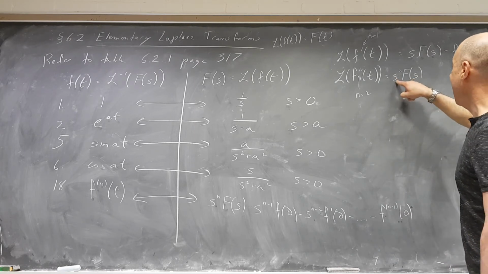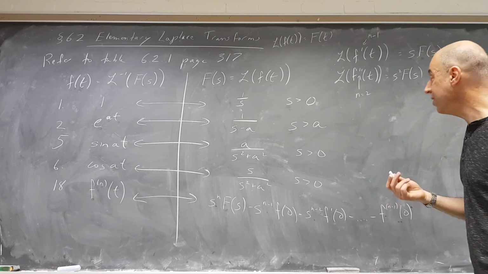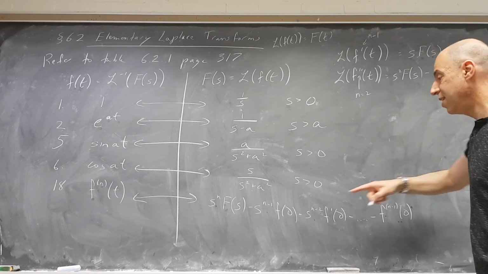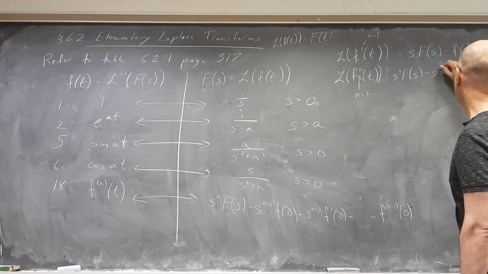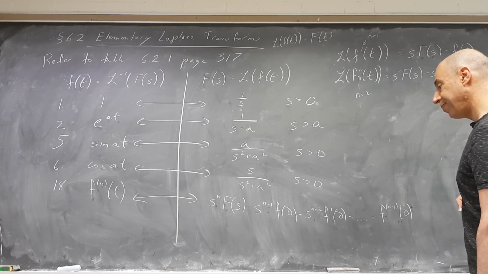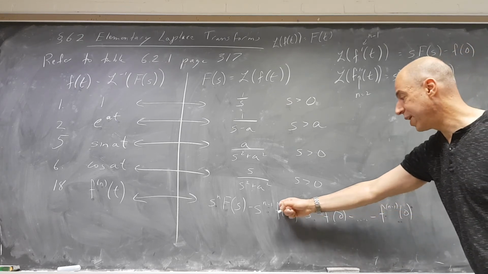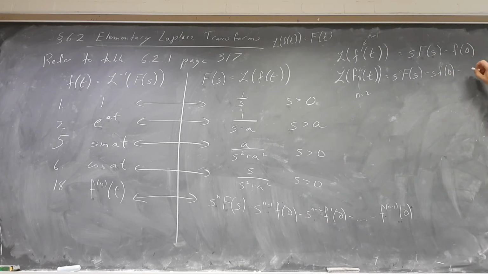So here we have, according to this, s squared F of s minus, now the s's go down by 1, so s to the 1 times f of 0. The derivative is going up by 1 every time, minus, now the s's go down to s to the 0, which I don't write, f prime of 0. We went from the 0th derivative to the first derivative.